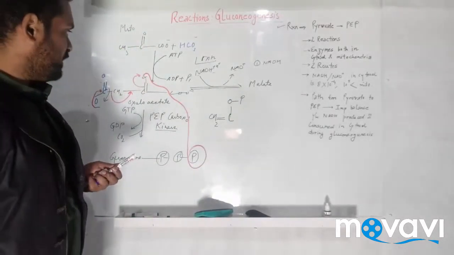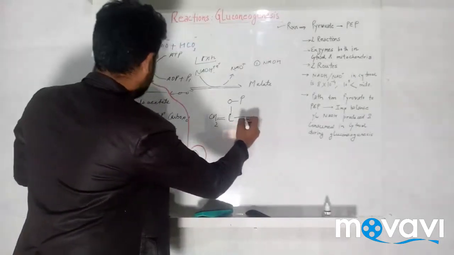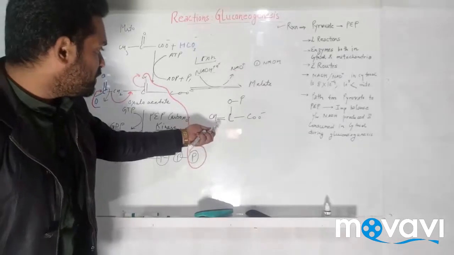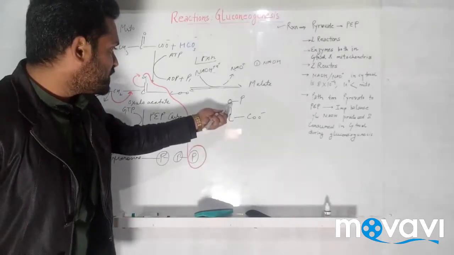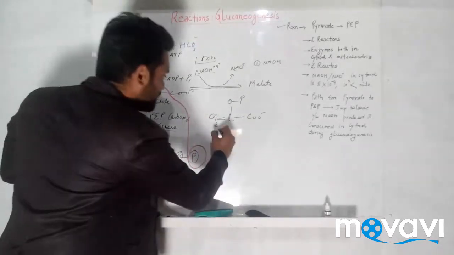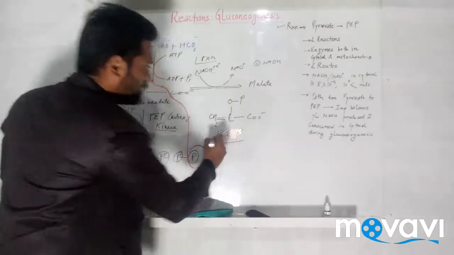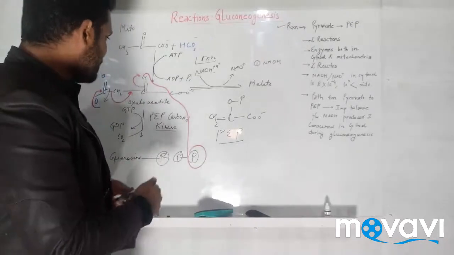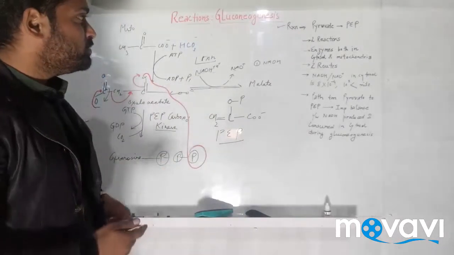Is it okay? Yes, this is okay. This is our COO negative. What is this? Enol form. Phospho is there, and this is pyruvate. So this is PEP, phosphoenolpyruvate, isn't it?